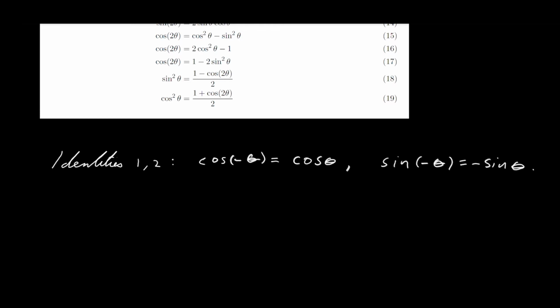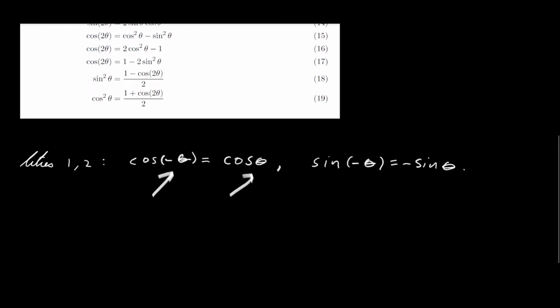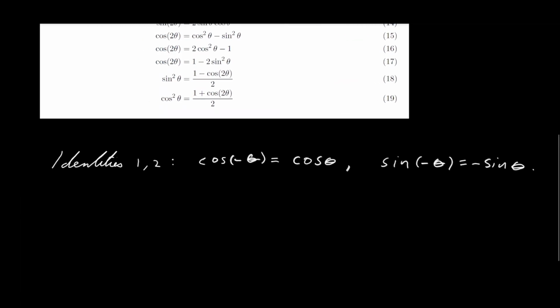To put it rather crudely, you can think of these identities as saying that when you are taking cosines of angles, you never really have to worry about negative angles, because it's the same thing as taking the cosine of the positive of that angle. And if ever you're annoyed with a negative angle inside a sine function, you can just put that negative sign out the front of sine. That's a crude way of thinking about these identities, but it's not inaccurate. It really does describe what you're allowed to do.